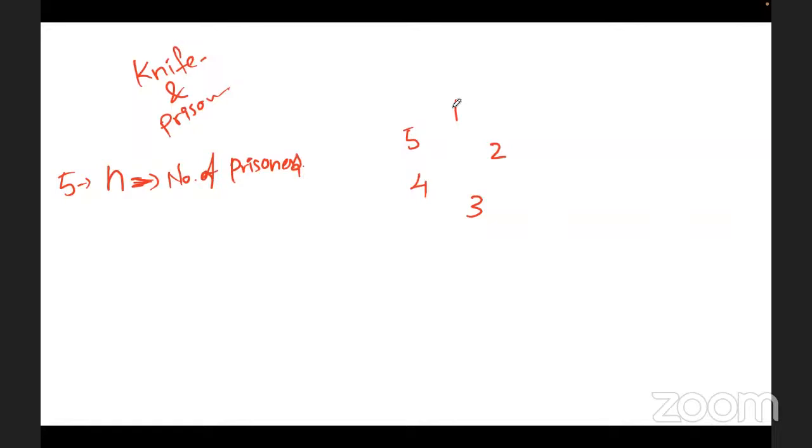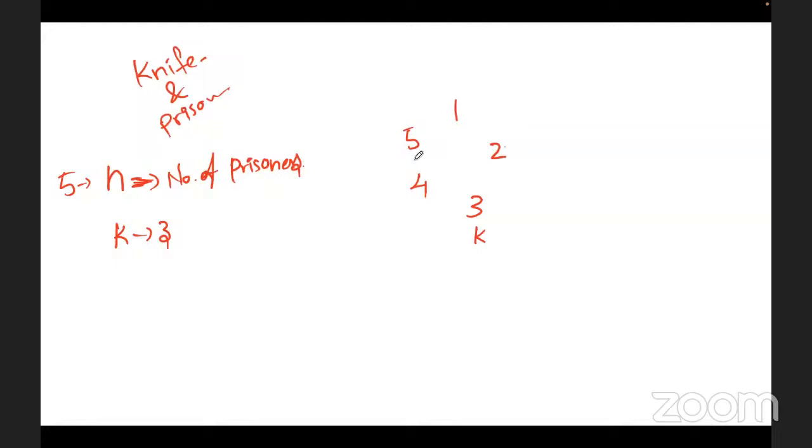The knife starts from 1, but now I'm going to give you a K. Okay, this K is nothing but you can give the knife to anyone from these persons. Like now, let's take K as 3. So the knife starts with 3. If K is 2, the knife starts with 2. If K is 4, the knife will be given to 4.